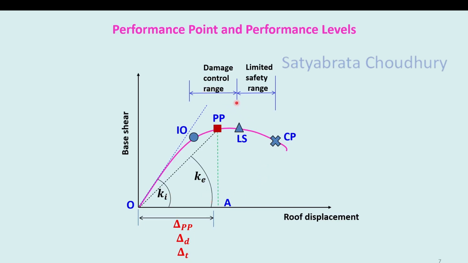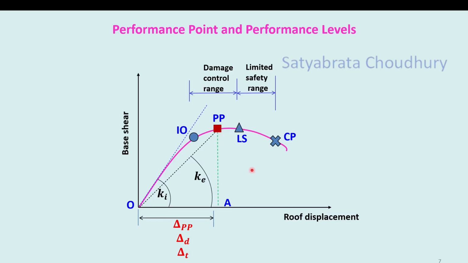As we have seen earlier, the distance between the IO and LS is called damage control range, and from LS to CP is called limited safety range. Now how do you know whether your building is a life safety building, an immediate occupancy building or a collapse prevention building? For that purpose, you have to locate the IO, LS and CP after carrying out the nonlinear performance analysis, namely pushover analysis, and also identify the performance point through the methods given in ATC40, which we have discussed in our earlier videos.